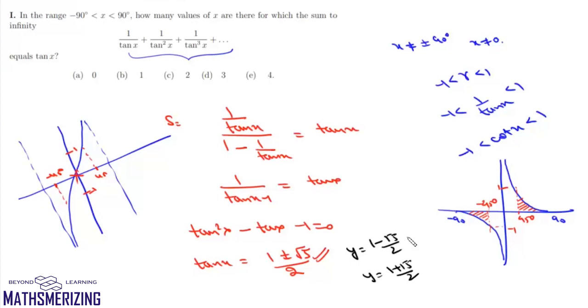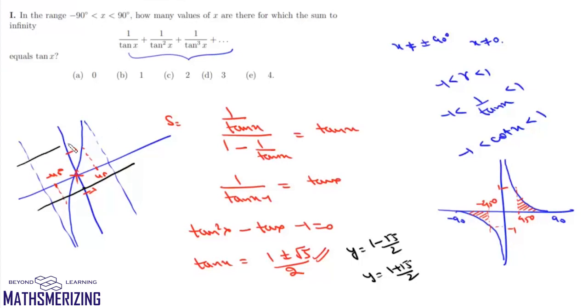Now (1 - √5)/2 is 1 minus 2 point something, so it'll be -1 point something, divided by 2, which is -0.7 something. So if we draw a straight line, it will intersect the graph in between -45 and +45, where we do not have any solution. But if we take the plus sign, we can write this as 2.2 something plus 1, 3.2 something. 3.2 something divided by 2 is 1.6 something.